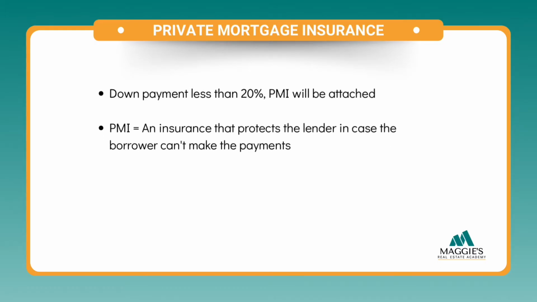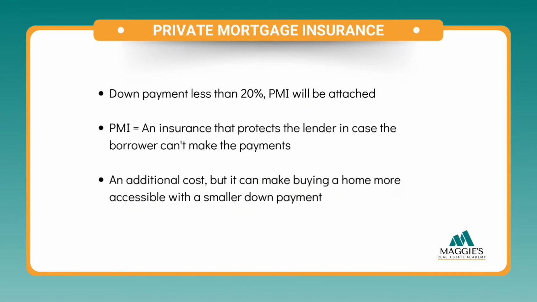This insurance protects the lender in case the borrower can't make the payments. It's an additional cost, but it can make buying a home more accessible with a smaller down payment. It's important to note that PMI is not for the life of the loan. It's a temporary charge. And once your equity reaches 20%, you can often say bye-bye to PMI.